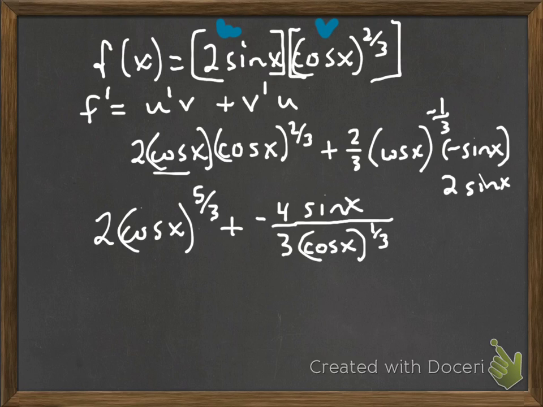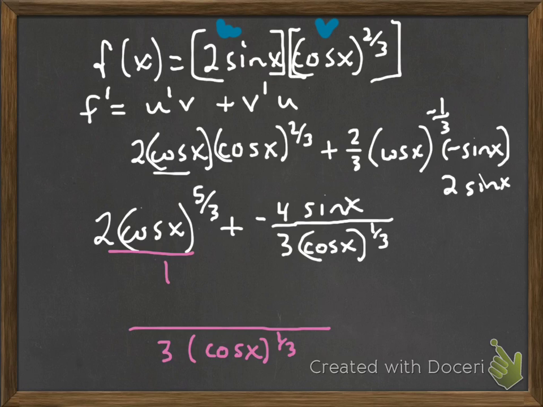Probably if you're going to solve, you need to find a common denominator. Since this guy over here is over 1, our common denominator is going to be 3 cosine of x to the 1/3. So I have to multiply, because the 1 is missing everything.